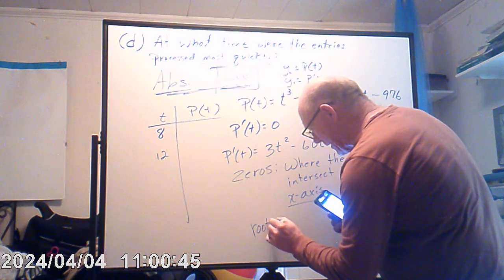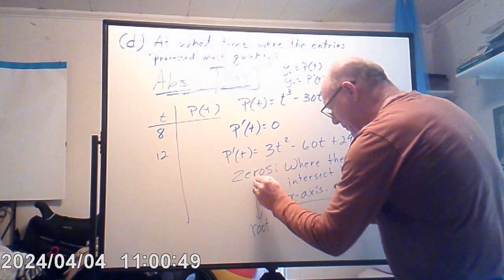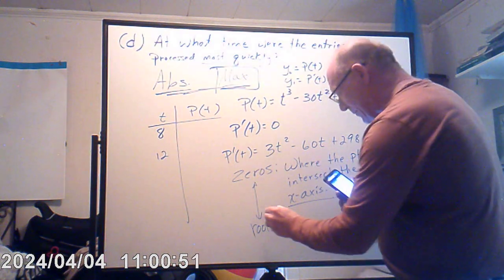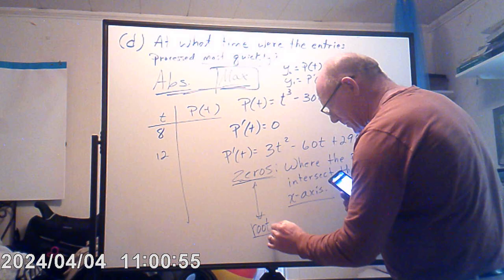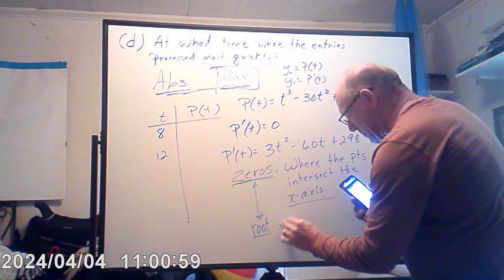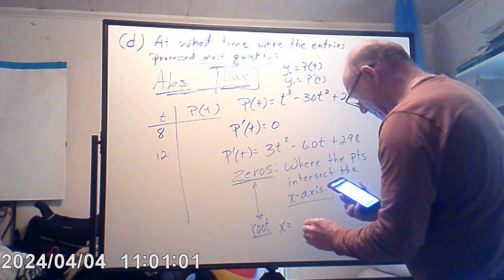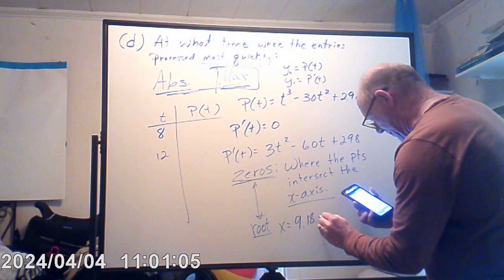That's what a root is. That's where it crosses 0, root, same thing. In this case, x equals 9.1835.